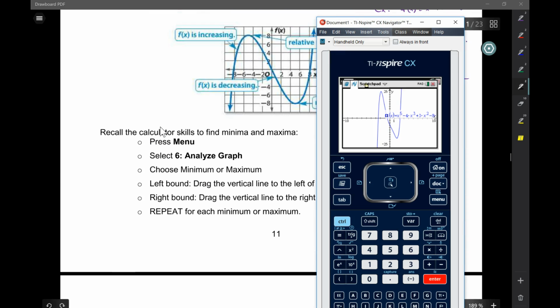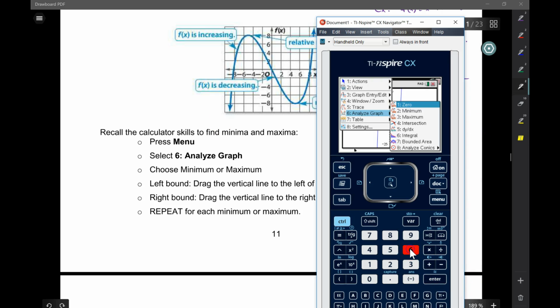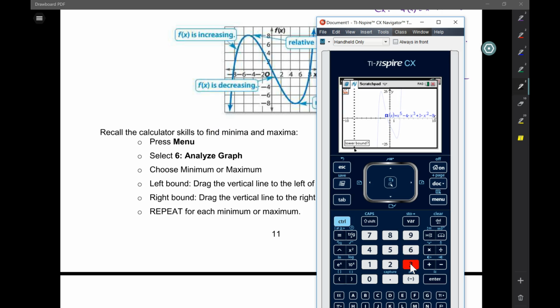Now we're going to press menu. I'm going to follow these instructions now to find the minima and maxima. We're going to hit 6. You can either press 6 or analyze graph. Choose minimum or maximum. First I want to find my maximum, just because. 3. And now lower bound. So maximum means we're going to find the peak, right? Lower bound, drag this to the left of it a little bit. Enter. To the right of it a little bit.